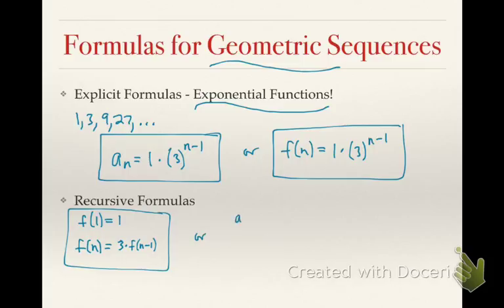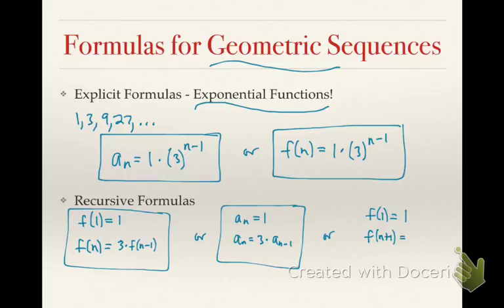Notice still you could have had the a notation. And you could have also had the n plus 1 notation. So f of 1 is still 1, but f of n plus 1 is equal to 3 times f of n. Okay, all of these are equivalent.